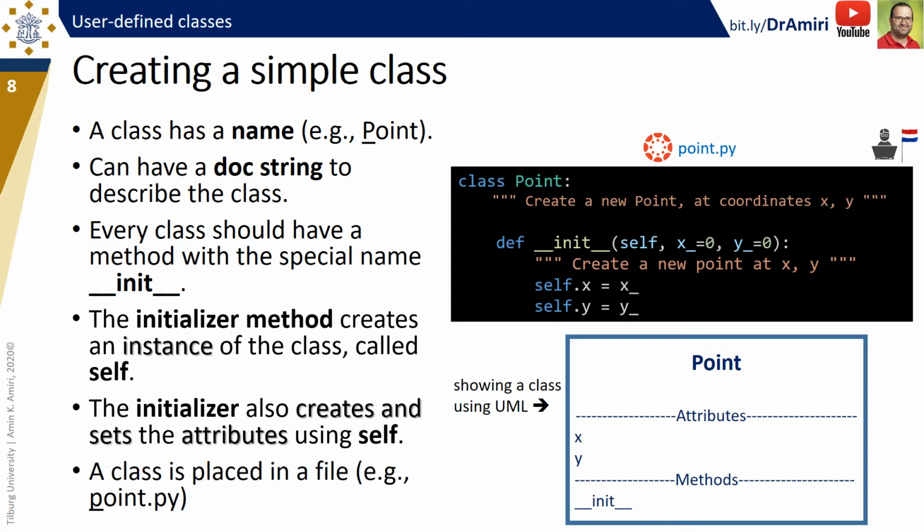After writing the structure of the class, the code for a class, you need to place it inside a file and give it a name. In this case, I gave the name point with small p.